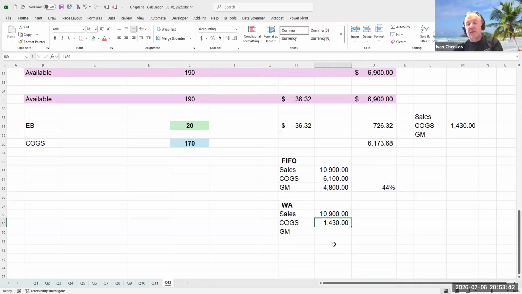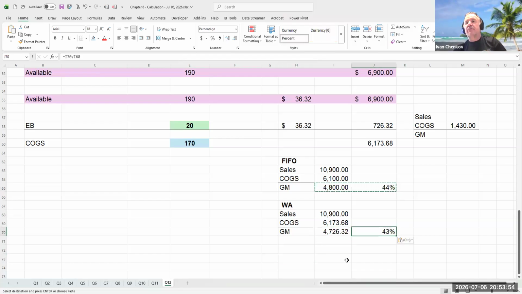On the weighted average, our cost of goods sold are that much. So, which gives us gross margin of 43%. So now we can see that under the weighted average, we're generating lower gross margin, which means our net income is going to be lower.